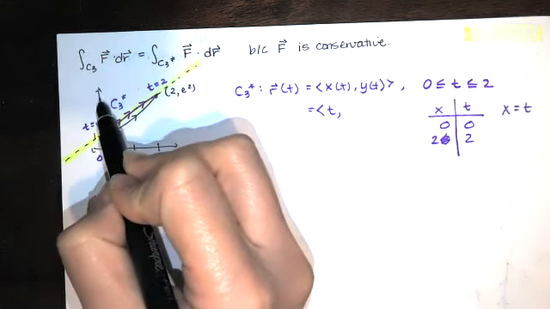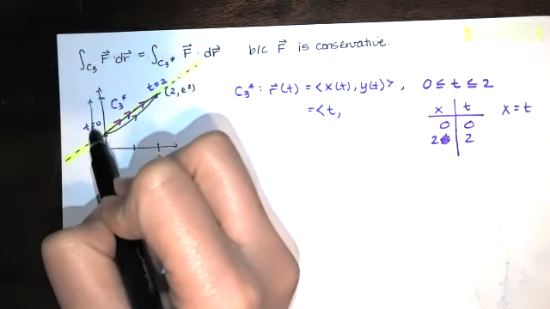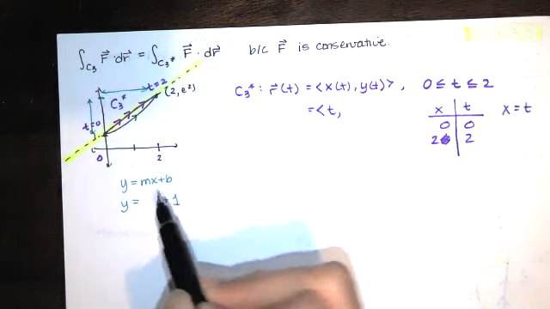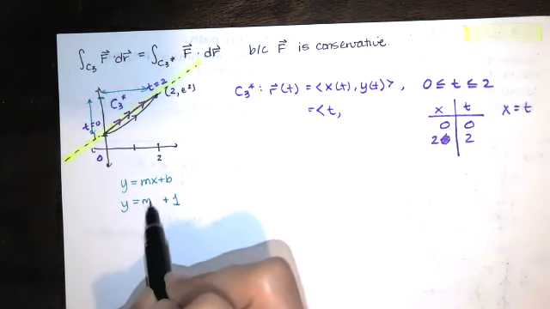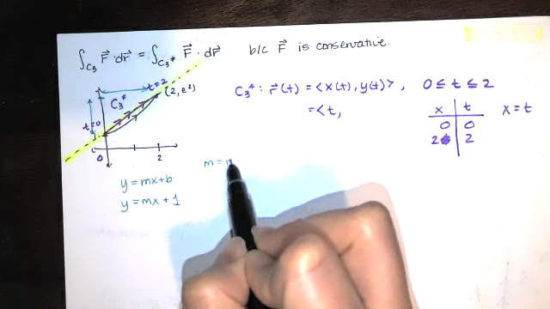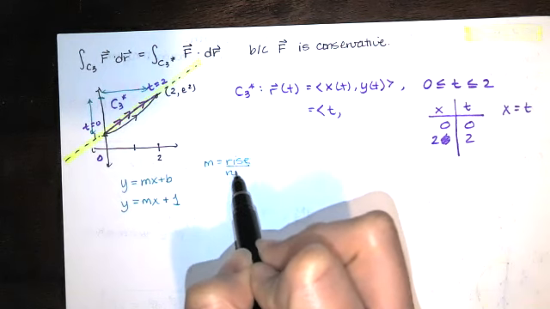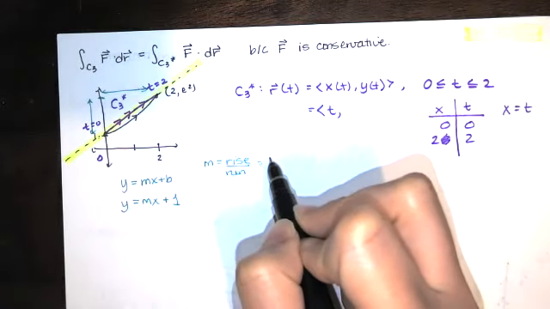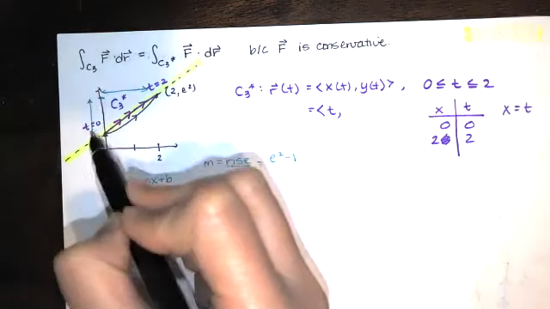And we're going up this many units and to the right 2 units. So if we use rise over run, we're going from 1 to e squared. So that rise is e squared minus 1.